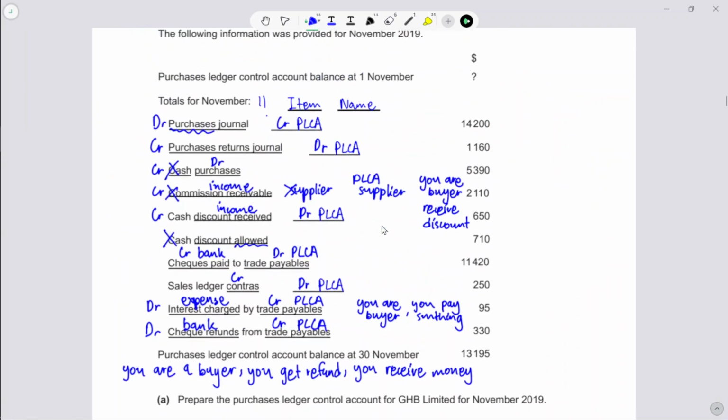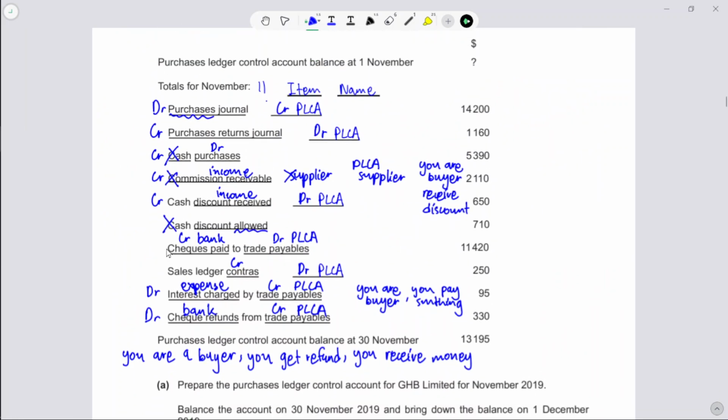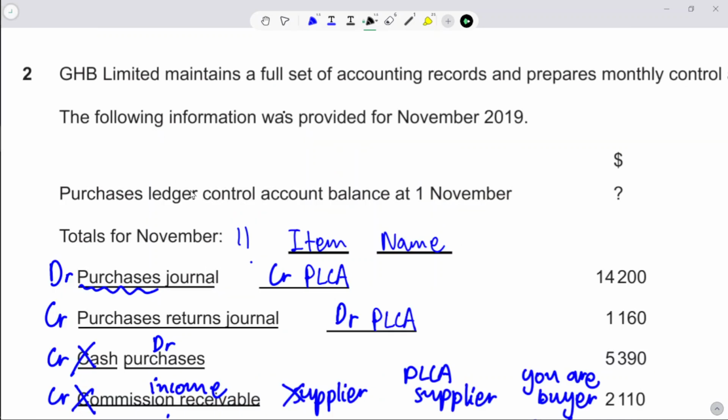Then you can kind of input the answer. Okay. Don't forget about this one. This one you don't know what to do, right? So this one, 1 November is actually balance BD.